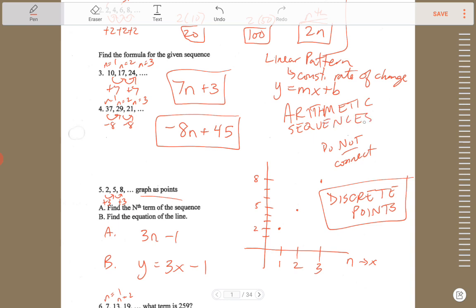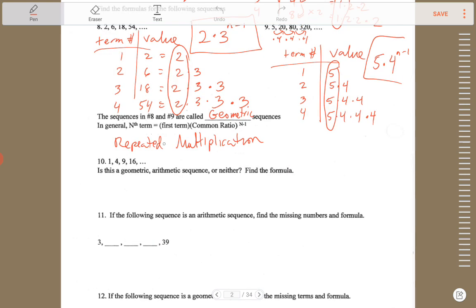Arithmetic sequences are in the form of a line, a linear equation, y equals mx plus b. So just keep in mind those two kinds of sequences. Arithmetic is linear, and on the other end, geometric is repeated multiplication, or you can think of that almost like exponential, right?